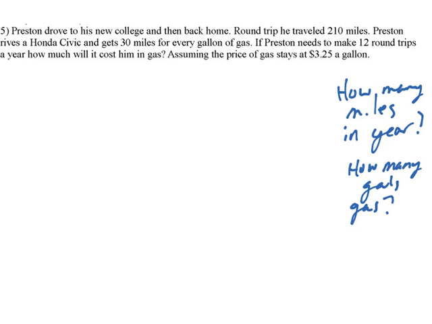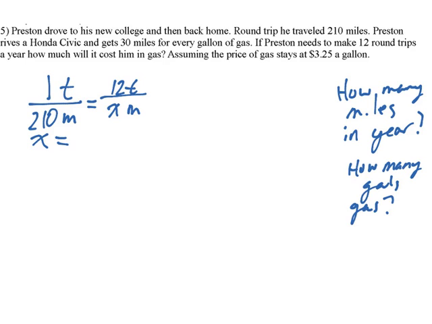So first let's figure out how many miles he drives in a year. So round trip, one trip is 210 miles, and we're going to set this equal to 12 trips is, we don't know how many miles. Okay, so we'll solve for x here and we'll find out that x equals 2,520 miles. So that's how many miles he drives in 1 year.